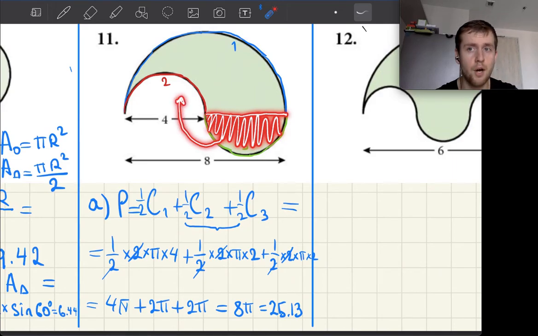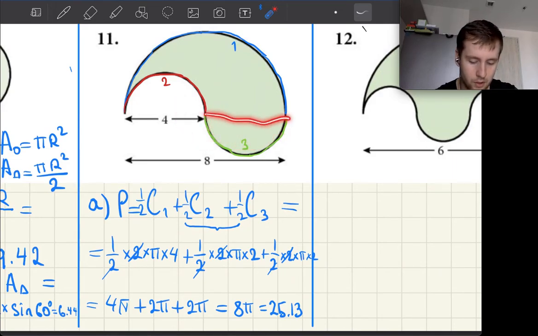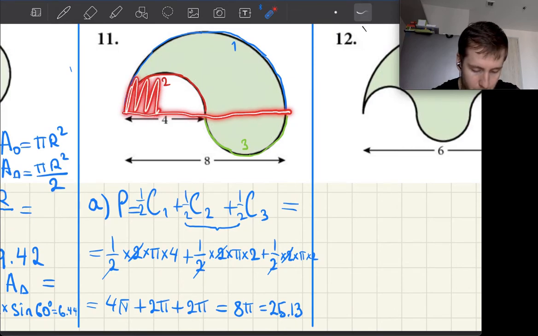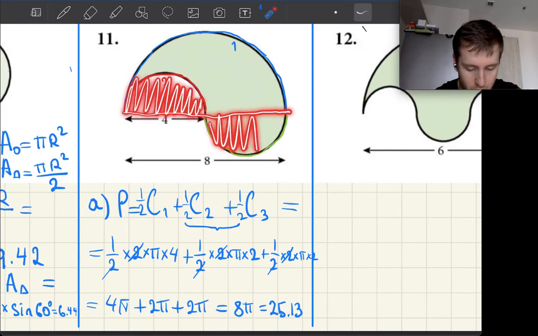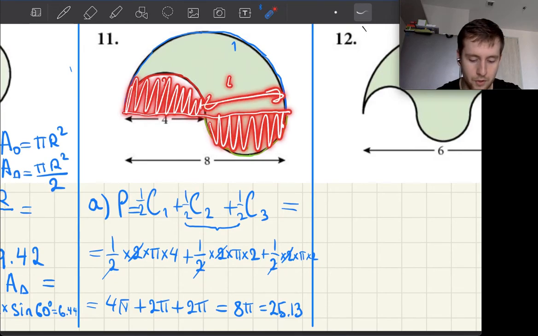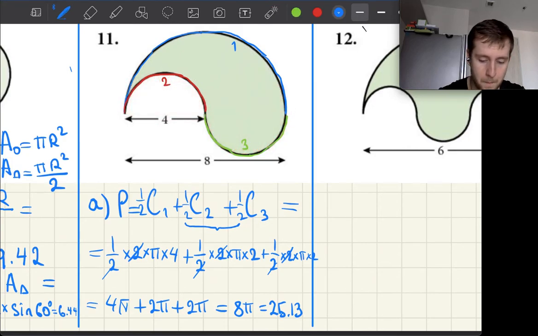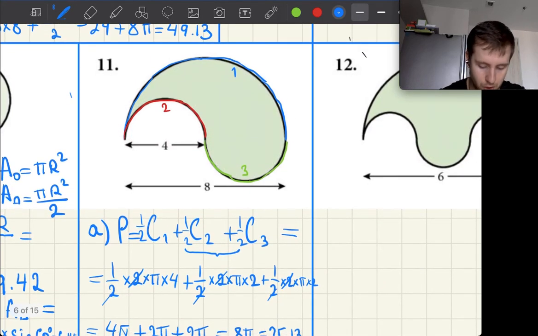Because if we take this part that I just outlined and move it here, we will get a perfect semicircle, right? So it's just going to be a semicircle with a radius of 4 centimeters, right? Actually, I can just write it somewhere here. I hope it's not too obtrusive.